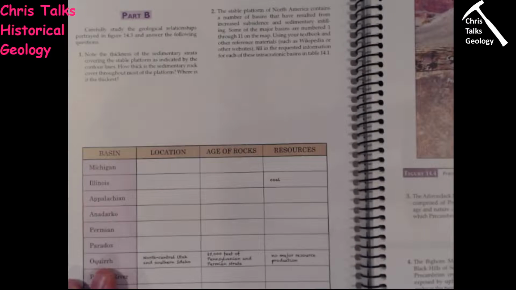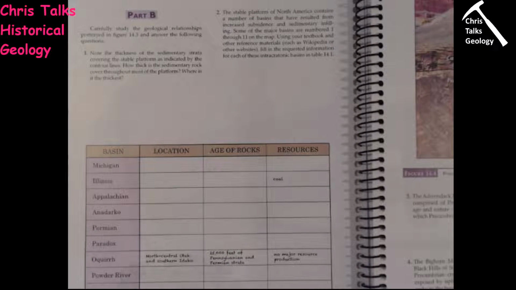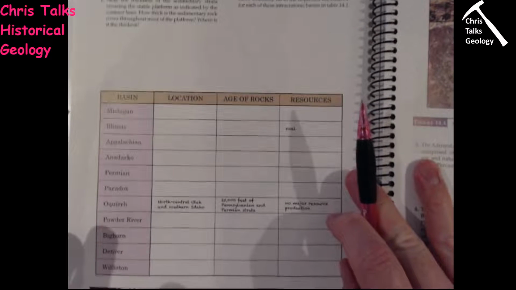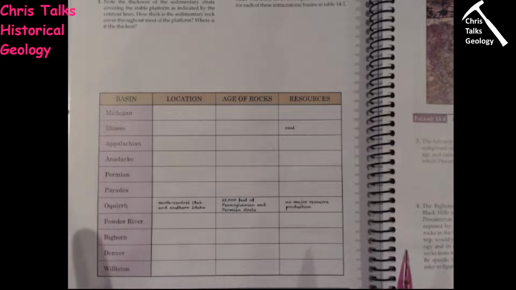In terms of the resources, once again, if you're on something like Wikipedia, it's going to say the Michigan Basin has numerous resources, and it will say things like maybe oil, natural gas, coal, limestone, salt, things like that. And you would write those in the resources area right here. So this isn't a particularly difficult exercise, but it is going to take a little bit of your time.